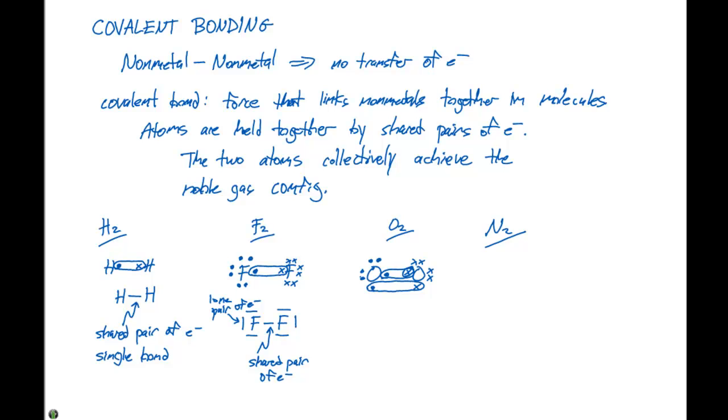So what happens is the oxygen molecule must form a double bond to achieve the octet. And we also have our lone pairs of electrons around the oxygen atoms. So our O2 molecule forms a double bond.